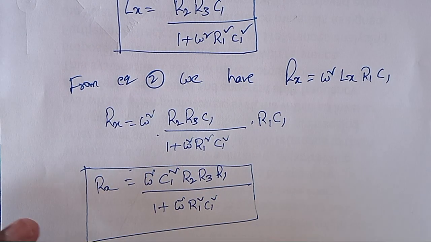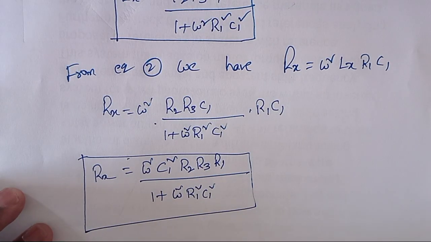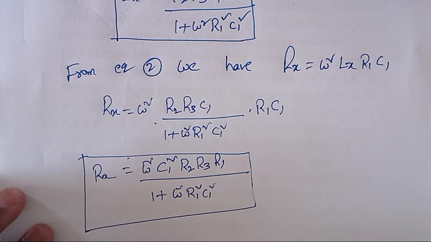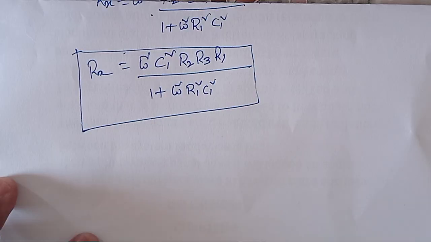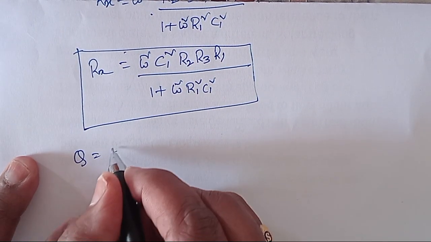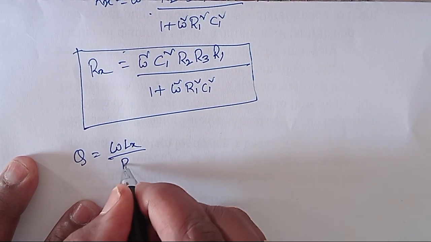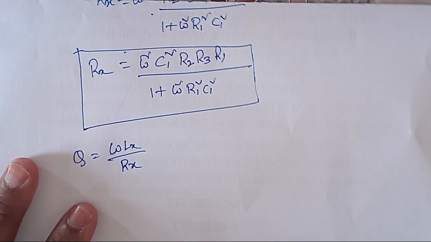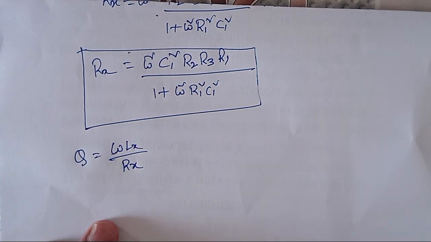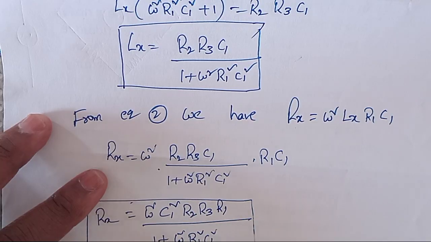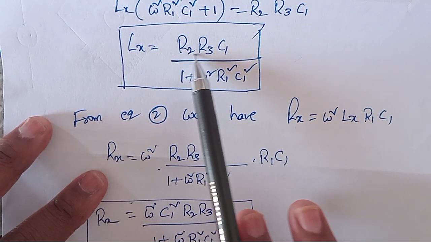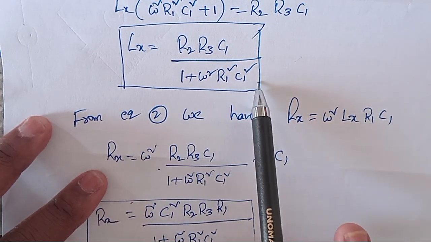And here we can also determine the quality factor Q. The simple formula for quality factor is Q equals ωLx by Rx. That is equal to ω into the Lx value, which is R2 R3 C1 by 1 plus ω².